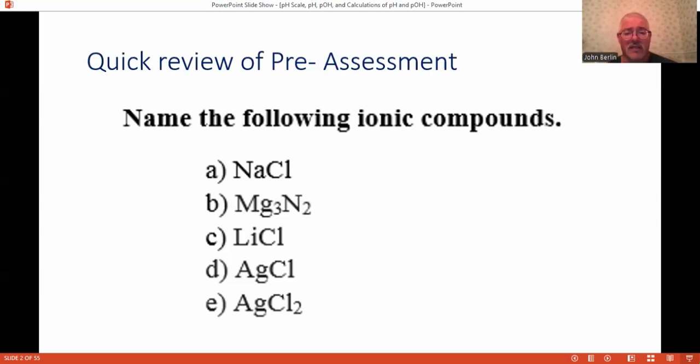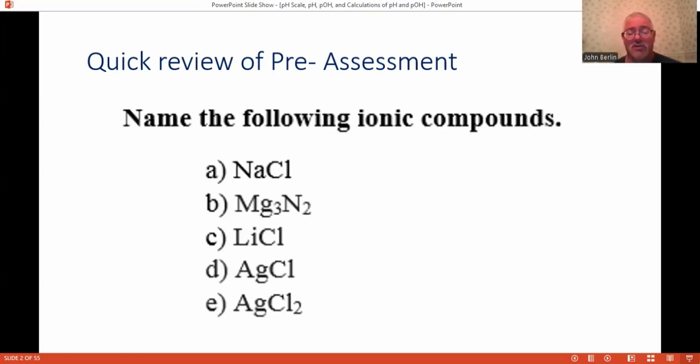So once again, going over naming ionic compounds. I already went over the first couple with you last time, and let's go over the last couple to see actually how you do it. So the first one, once again, is an ionic compound. How do you tell an ionic compound from other compounds?